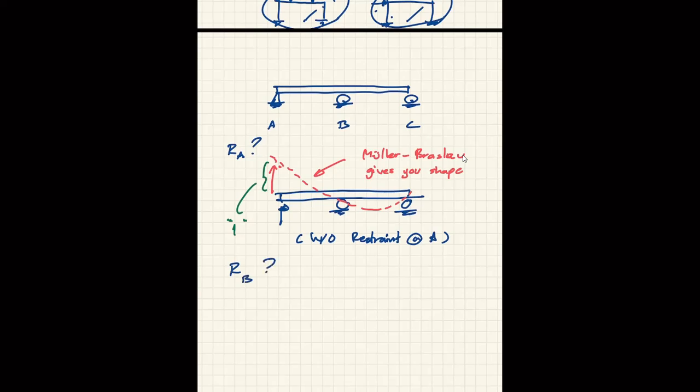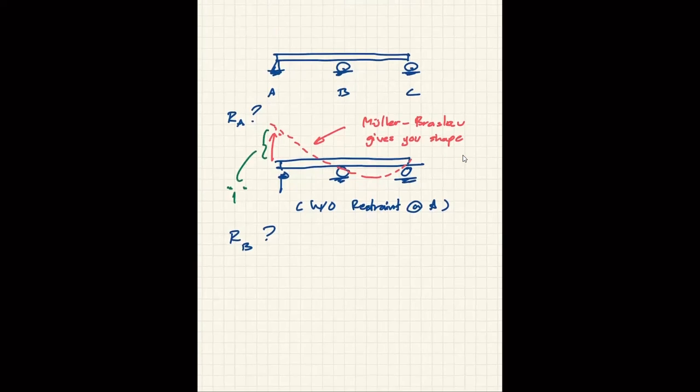now what am I going to do? I am going to remove the restraint at B, right? So I now have a reaction B pointing upward like that, and the beam is going to move freely up.